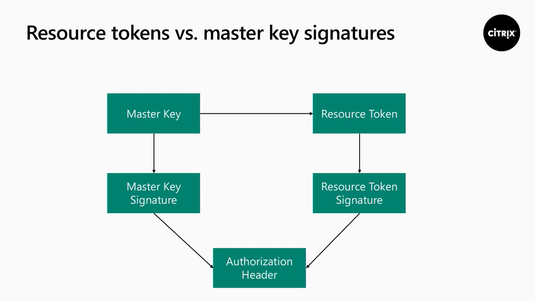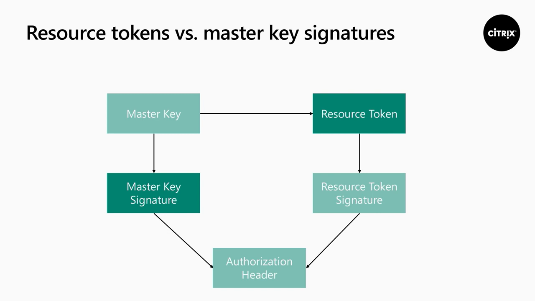So now let's talk about what you can actually use and send back from your token broker service. You don't want to send back the master key. That's the whole point. The master key signature, on the other hand, is great. Very delegated, tight restrictions, and I'll talk about the features of that. The resource token is also meant to be something that you can send over the wire to another service. The resource token signature is not documented on purpose, to be fair, right?